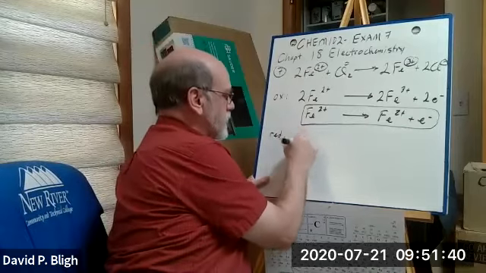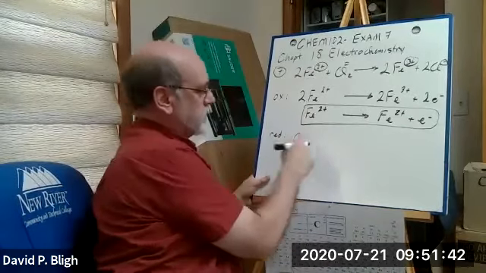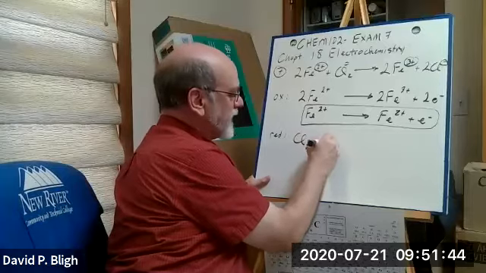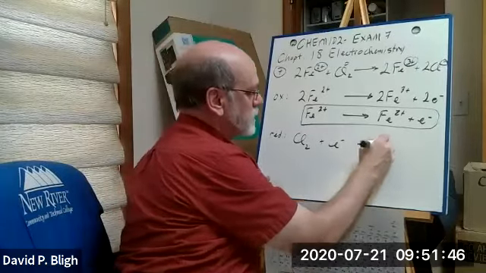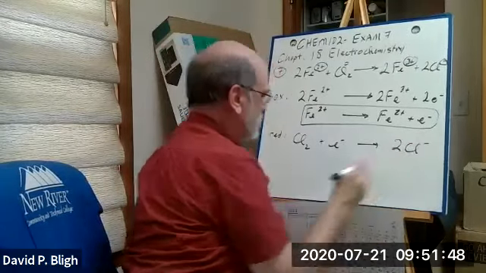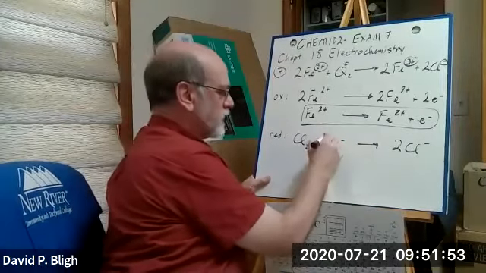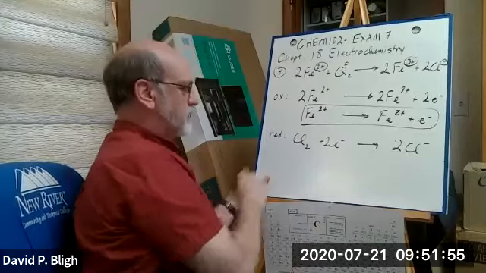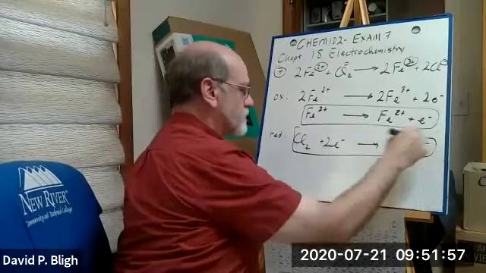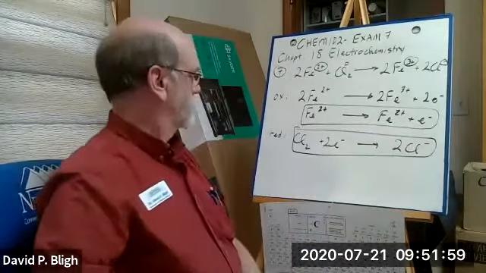And the other one has to be the reduction. So this one has to gain electrons to yield that, and that's 1 electron per chlorine, which is 2 electrons. So that would be our reduction half reaction.